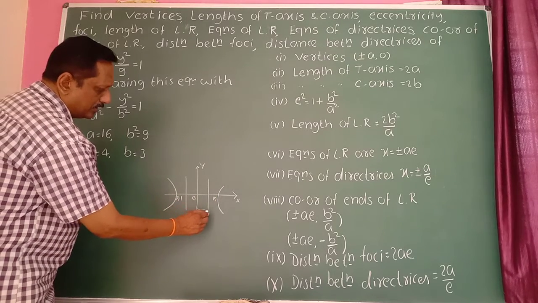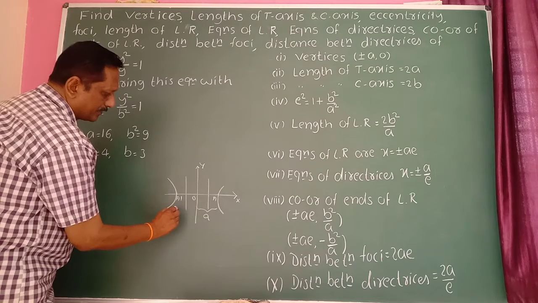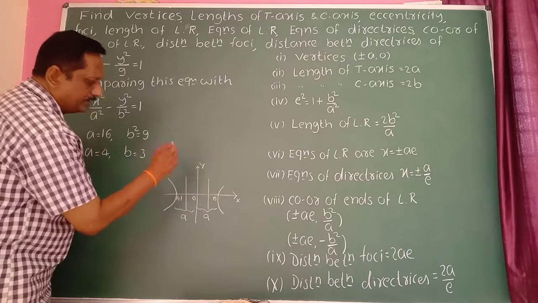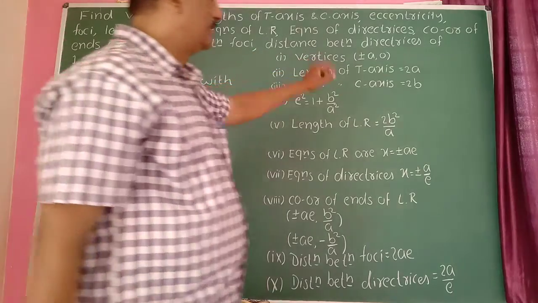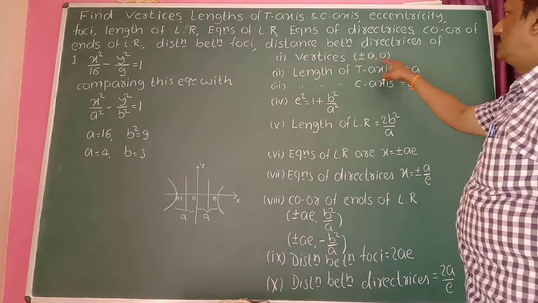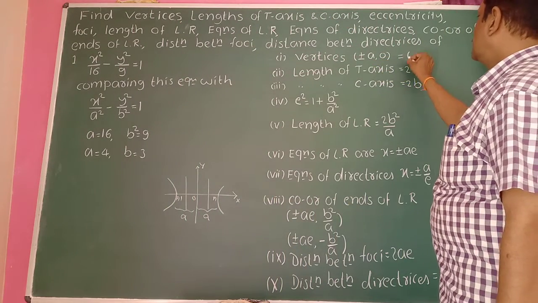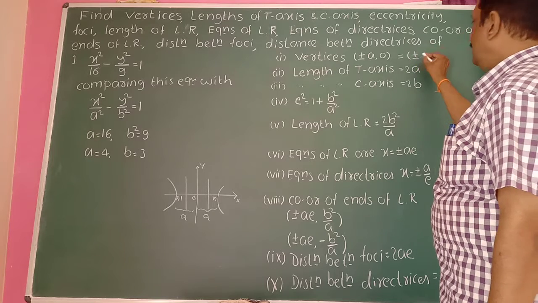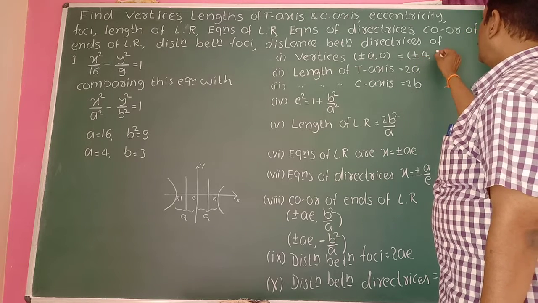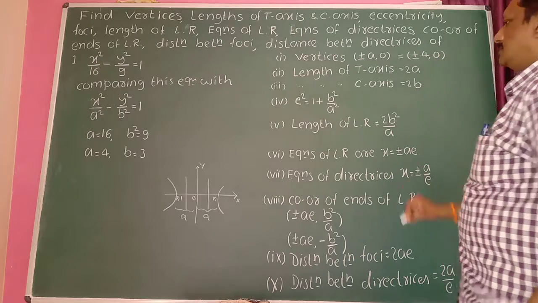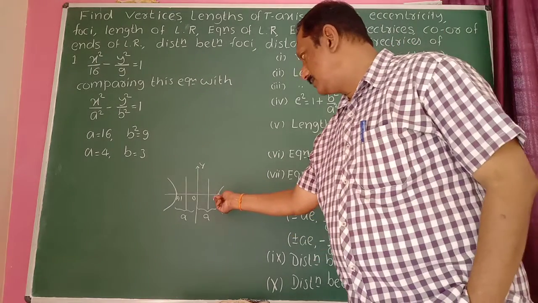This distance OA is a units, and OA dash is also a units. Therefore, vertices are plus or minus a comma 0, so plus or minus 4 comma 0. These are the coordinates of A and A dash.